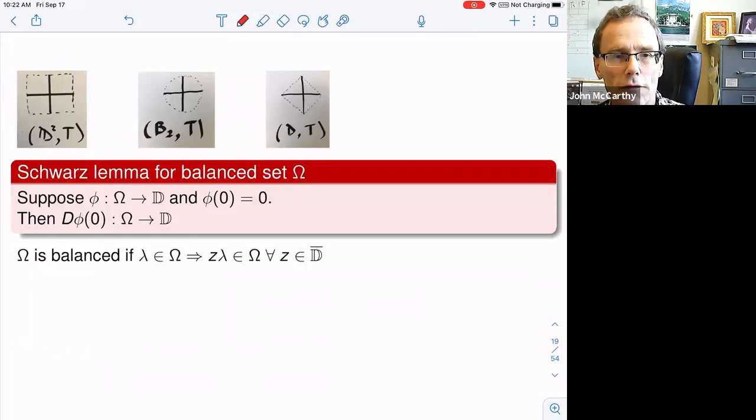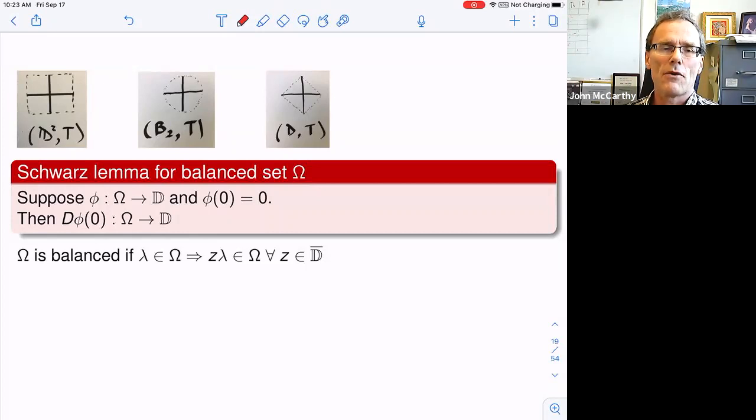So for the first 2, Schwarz's lemma is what rules it out. So Schwarz's lemma for any balanced set says that if phi is a holomorphic function from omega to the unit disk that maps 0 to 0, then its linear part, the derivative of phi at 0, also has to map omega to the unit disk.